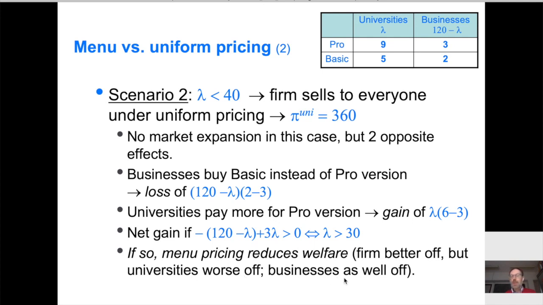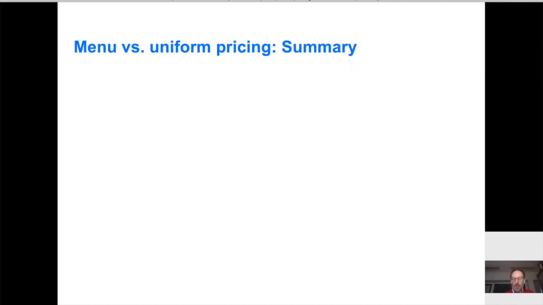It leaves businesses as well off, but the reduction of utility for universities is larger than the profit gain for the firm. And so if you put together the well-being of the firm and the two kinds of consumers, the total effect is negative.